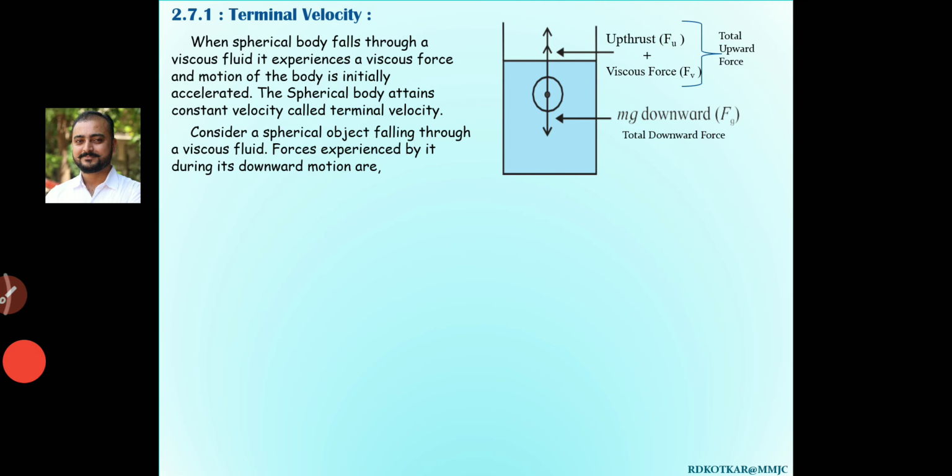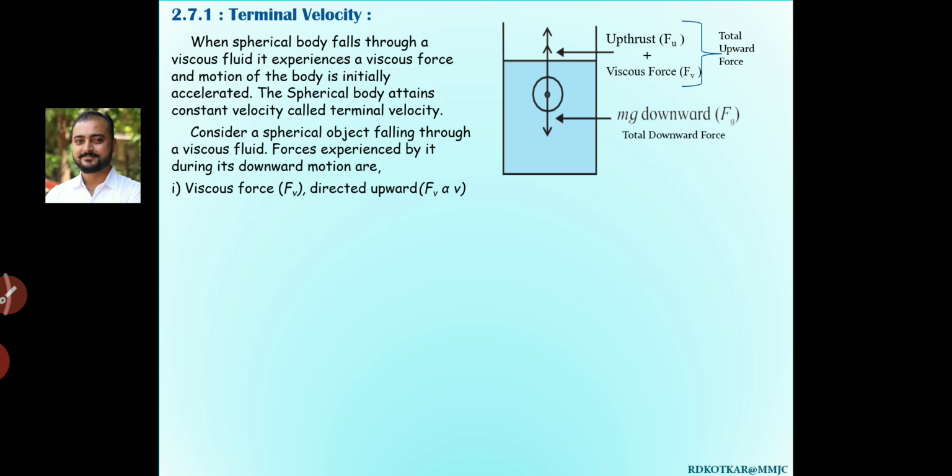Then we consider a spherical object falling through a viscous fluid. The forces experienced by it during its downward motion are as follows. As you observe the diagram, the spherical body is falling inside the liquid. Which forces are acting on this spherical body?